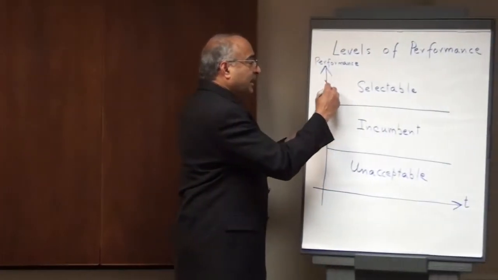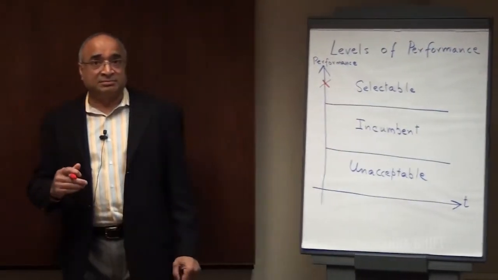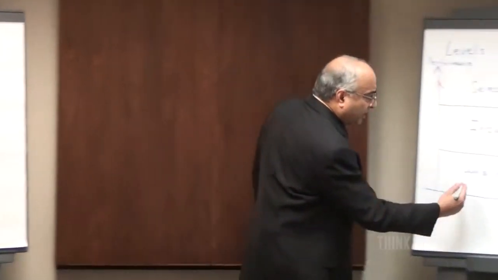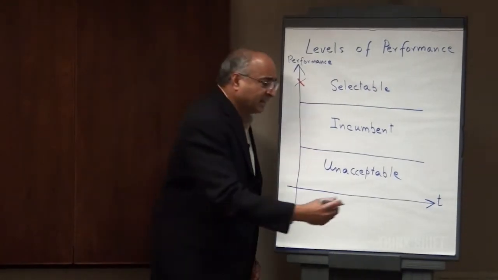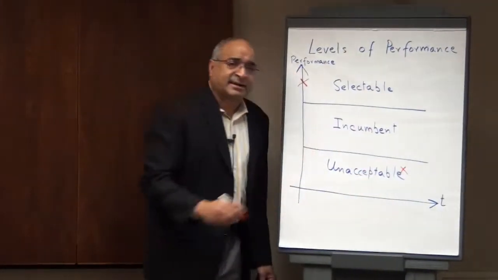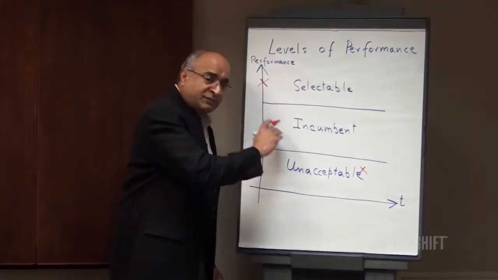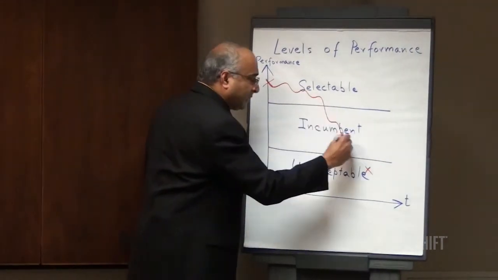And therefore, on day one, you expect them to operate at the selectable level. Now, as that employee operates in your company, months and years have gone by, and some time later, maybe a few years later, let us say that that employee ended up at an unacceptable level. They must have somehow, in the course of events, taken a path that looked like that.